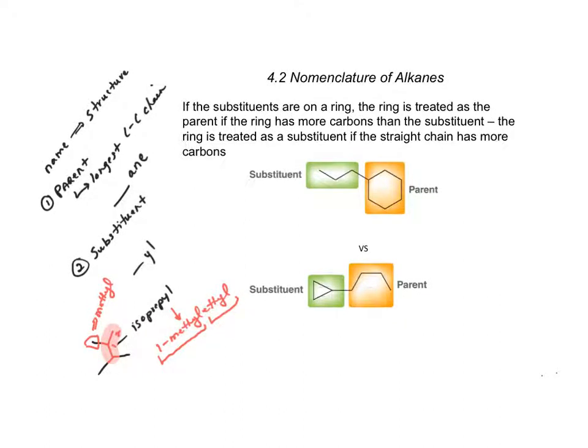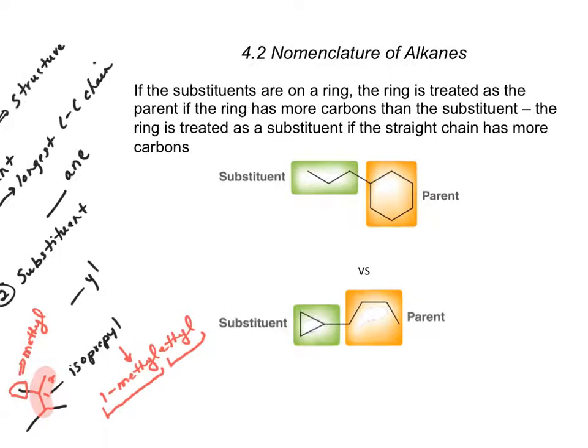The one thing I didn't talk about is cyclo, right? So I did mention when we're trying to find the parent that if the parent is a ring, we're going to include that cyclo prefix, right? So for example, in this guy, we've got 1, 2, 3, 4, 5, 6 carbons in this ring. That is our parent for this guy. So because of that, 6 carbons is what? What is the base? Hex, right?